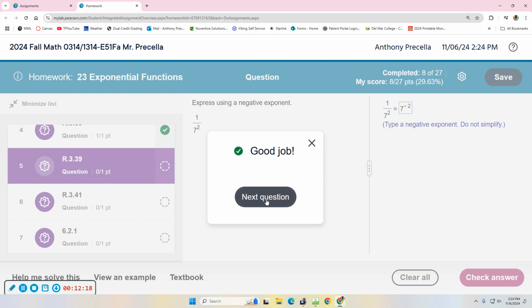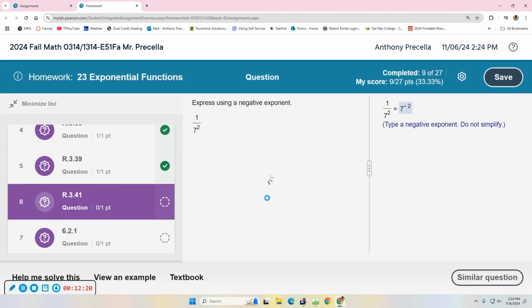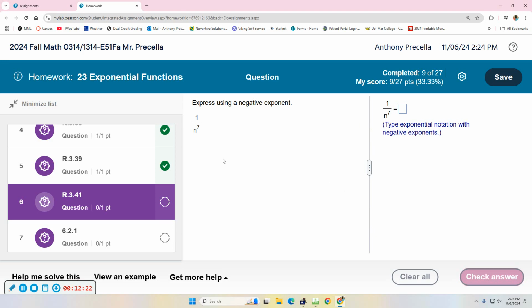And I need to write some more. I guess we have one more of these. Let's do one more. This is number 6. We want to write using a negative exponent 1 over n to the 7th power.